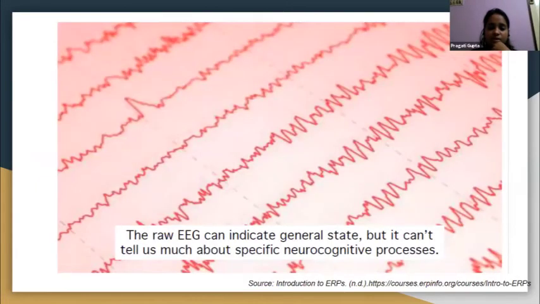But if you want to study stimulus-based or response-based tasks in terms of neurophysiology, we use event-related potentials. The raw EEG can indicate the general state, but for understanding specific neurocognitive processes like affect, emotion, or motor tasks, we require this specific processing.